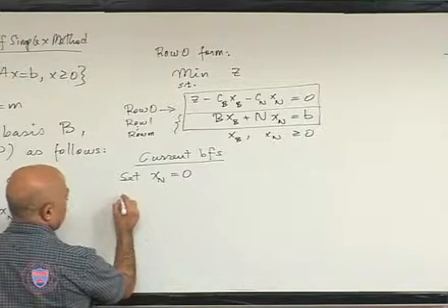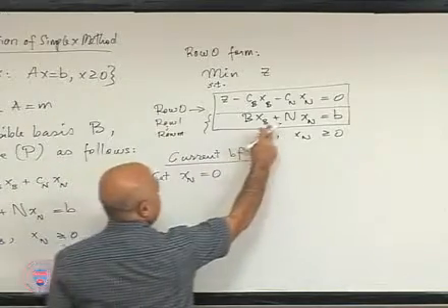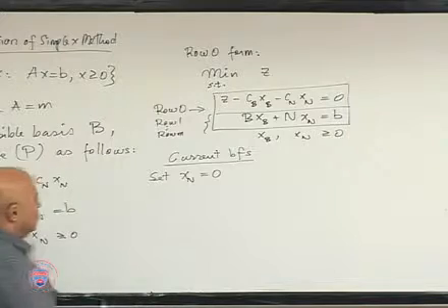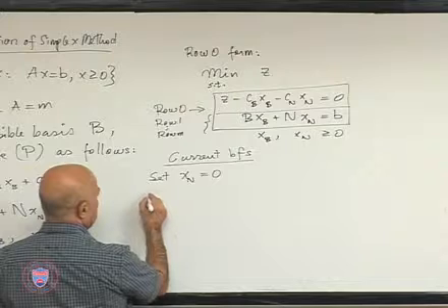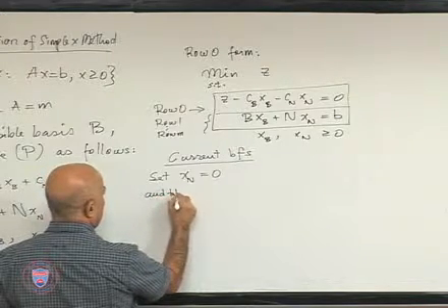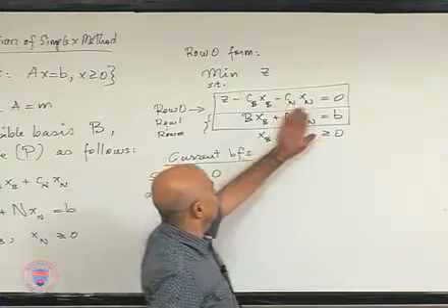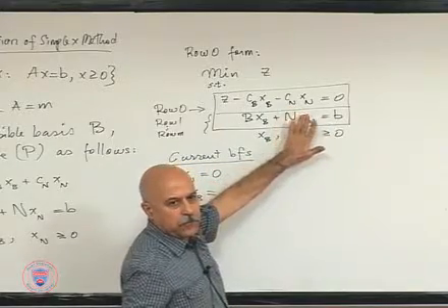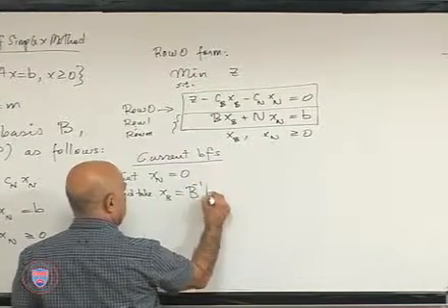And then solve for XB under the assumption XN is equal to 0. So that gives XB equal to, when XN is equal to 0, of course, BXB equals b is a square system, which is solvable. It has a unique solution, which is B inverse b.